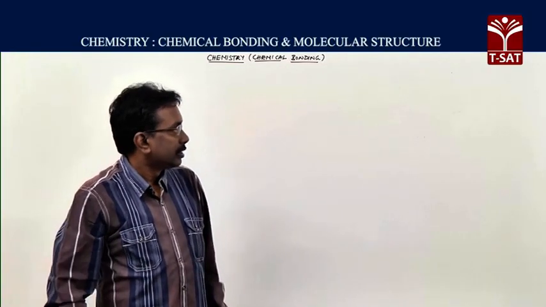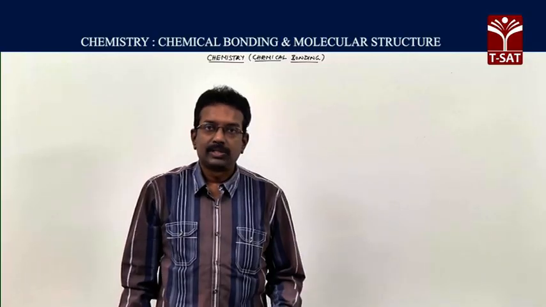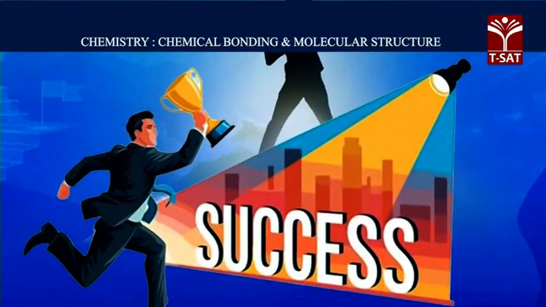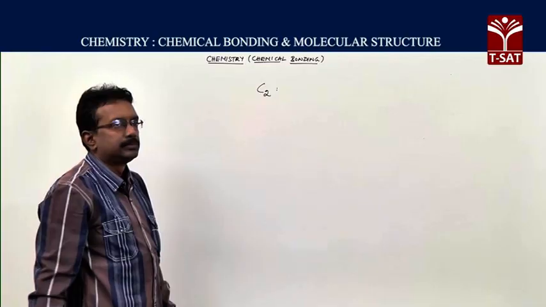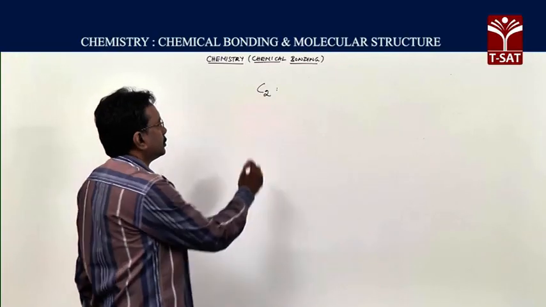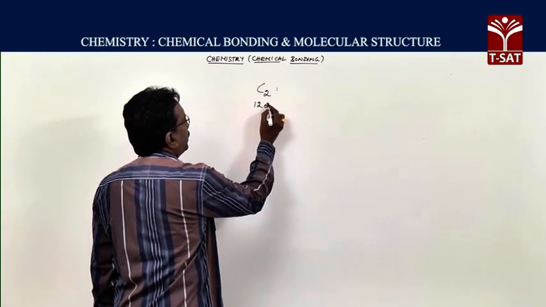Now, let us move to some more points in this molecular orbital theory. Let us move to formation of C2 according to molecular orbital theory. C2, 12 electrons we have.